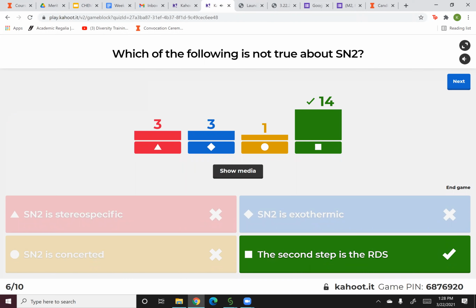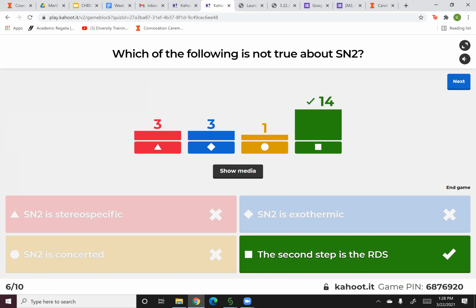Good. So we overall had a pretty general consensus. We know that that last one is wrong because SN2 is only one step. So if it's only a single step, then you don't have a second step. So that single step has to be the rate determining step.